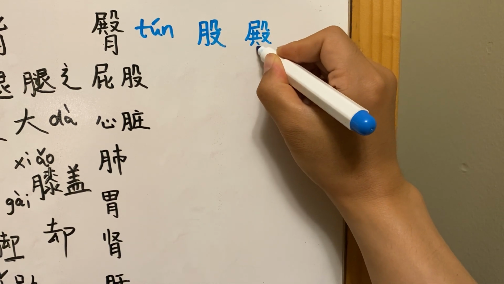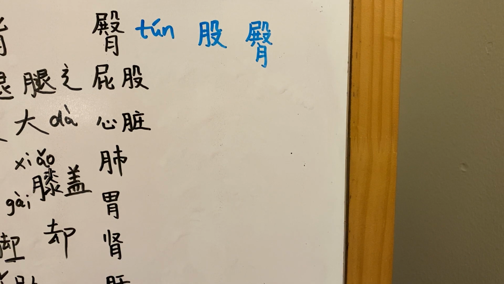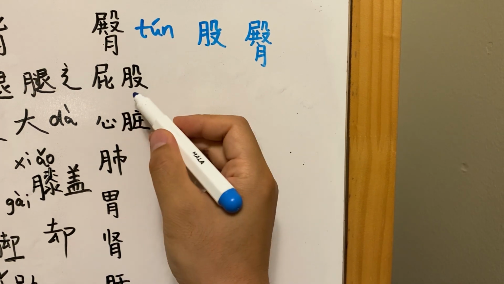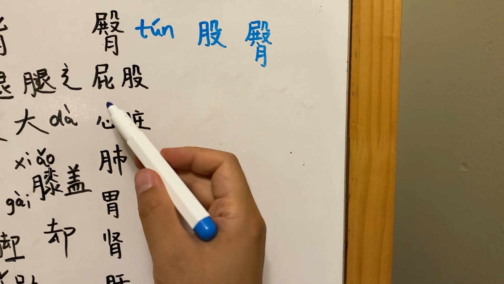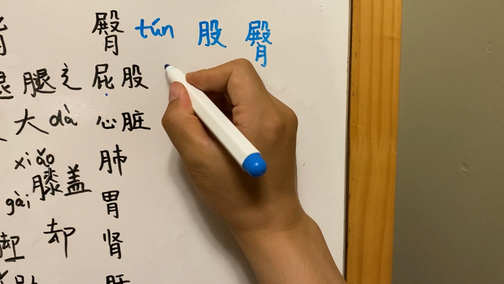It's a two parts word, the upper part and the lower part. 屁股. Right, this 屁 means fart. The part that farts, right? 屁股.